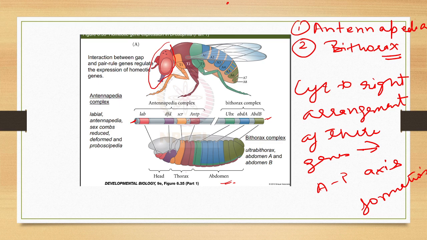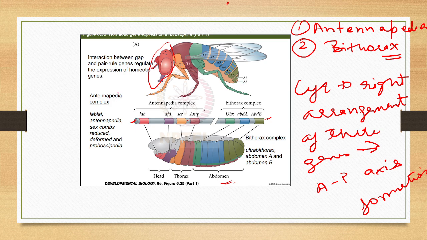Then the T3 segment, the thorax 3 segment, is specified by UBX, that means ultrabithorax. Then the different segments of the abdomen, A1, A2, A3 till A4, are specified by abd-A. And then abd-B is mostly for the last segments of the abdomen.